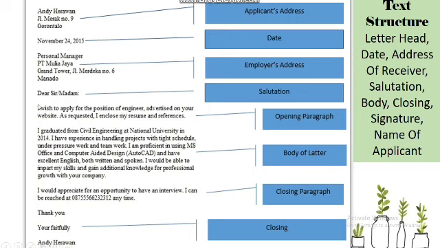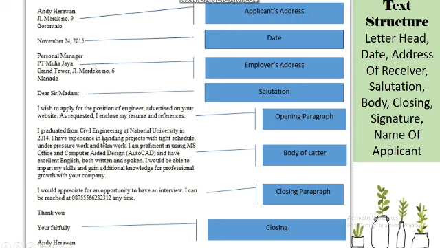Oke. Di sini ada opening. Opening biasanya menggunakan I wish to apply for a position of engineer advertised on your website. As requested, I enclose my resume and references. Ini adalah openingnya. Kemudian di sini adalah body of letter. In the body of letter, dia menyebutkan I graduated from civil engineering at National University in 2014.